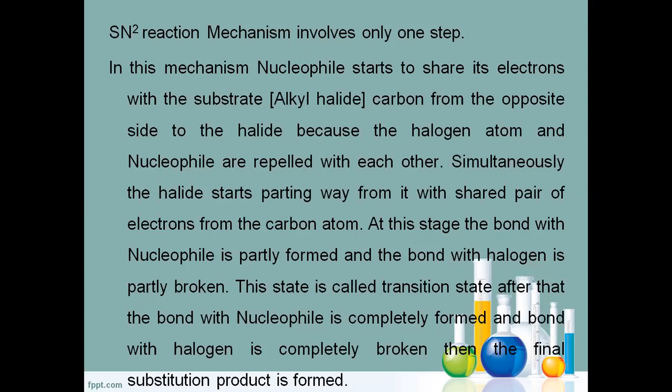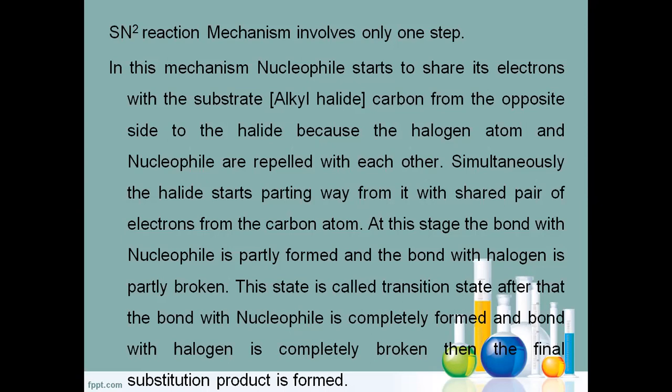The nucleophile attacks from the backside of the halide, because if the nucleophile comes from the front side, the halogen and the nucleophile repel each other, so the product would not be formed. So the nucleophile attacks from the backside of the halogen and forms a transition state.